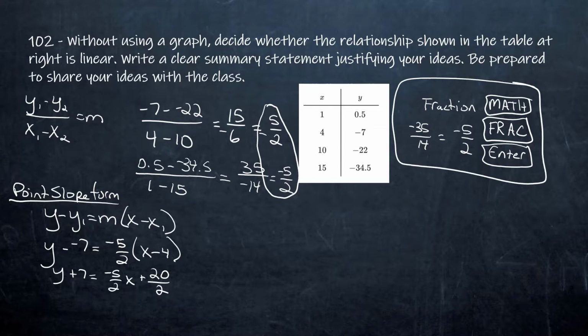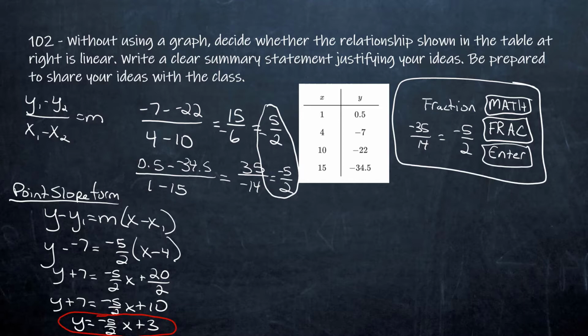So then it's going to be y plus 7 equals -5/2 x plus 10. And then all I have to do is subtract 7, and I have my linear equation, supposedly. So let's see what happens. -5/2 x, and then that's plus 3. So I'm pretty sure this is our equation.